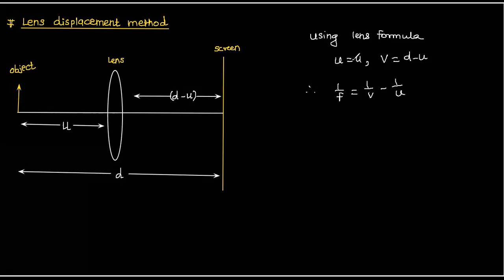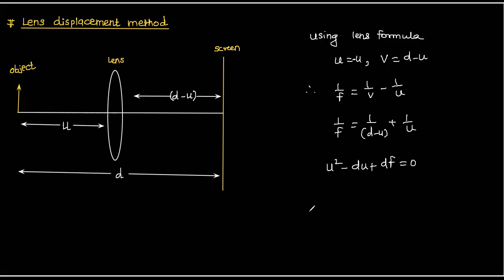So this is minus u according to sign convention. So 1 by f is equal to 1 by d minus u, minus of minus, so this is becoming plus 1 by u. And if we solve this, we are getting u squared minus du plus df equal to 0.